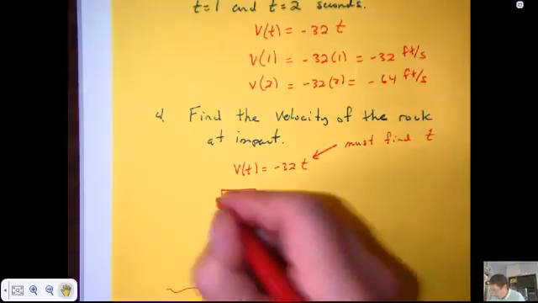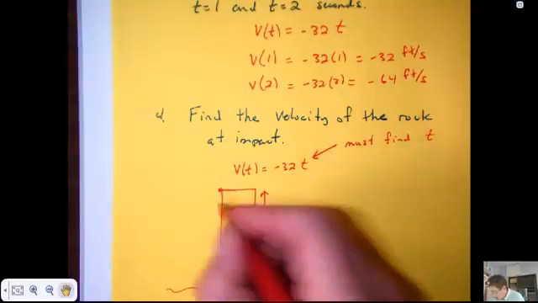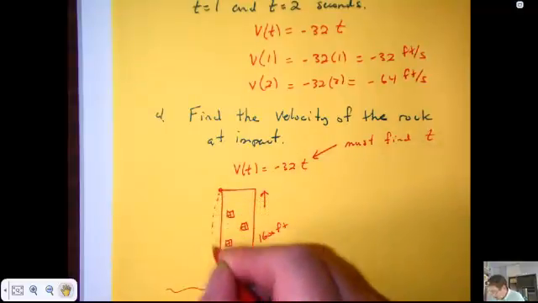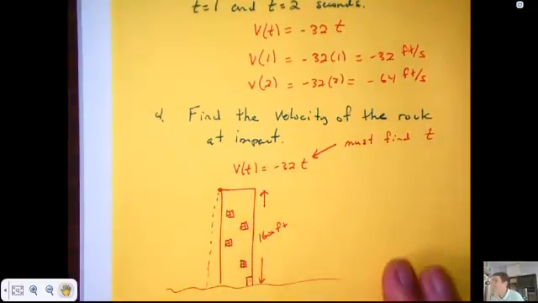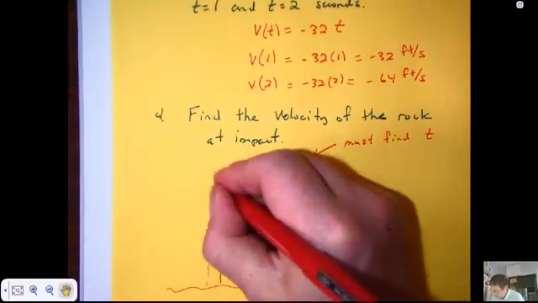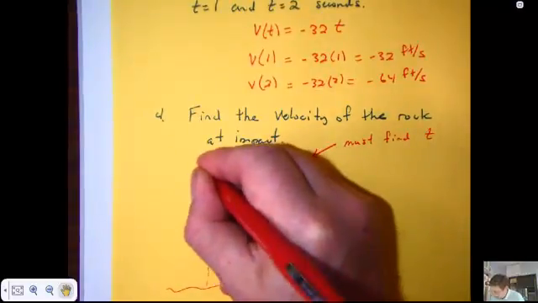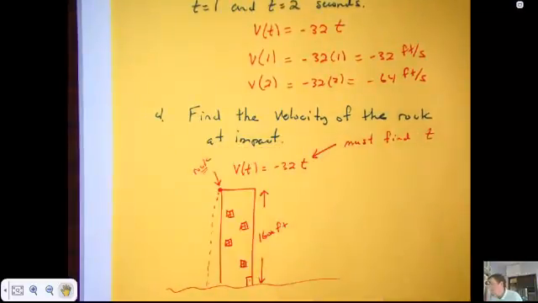And there is a rock that's just falling straight down. How can I use this 1,600 feet to help me find time?